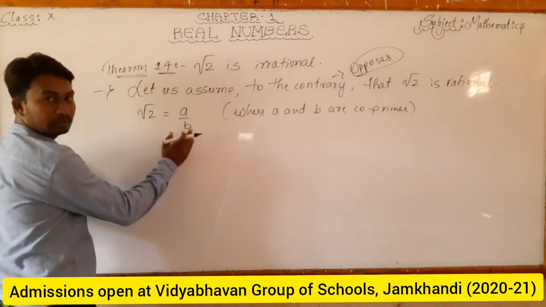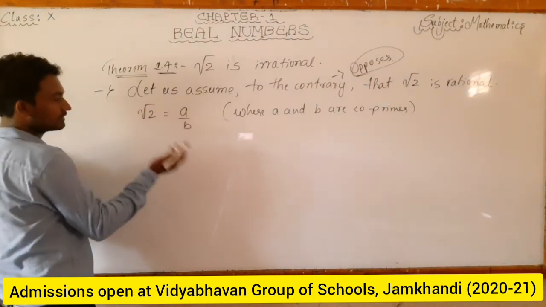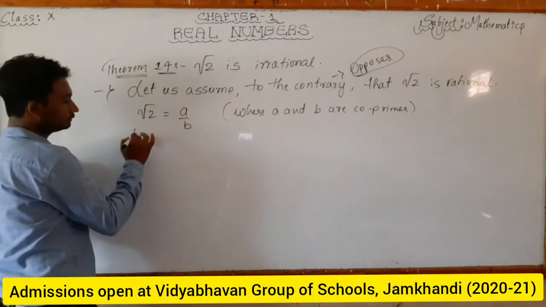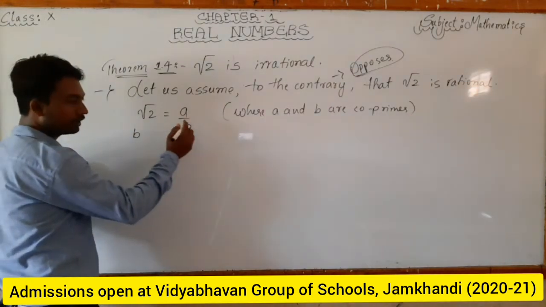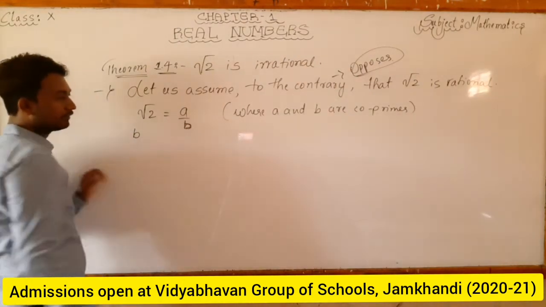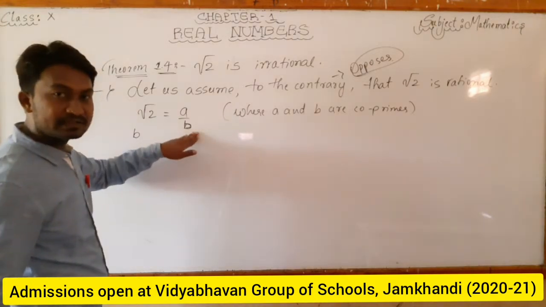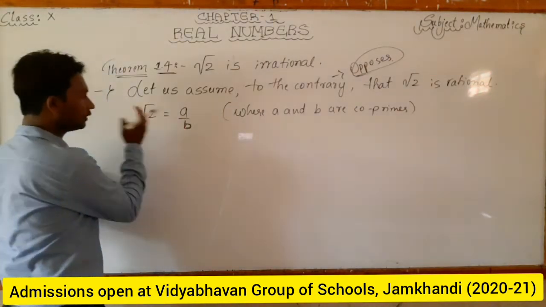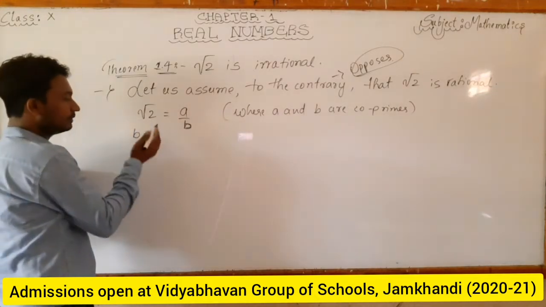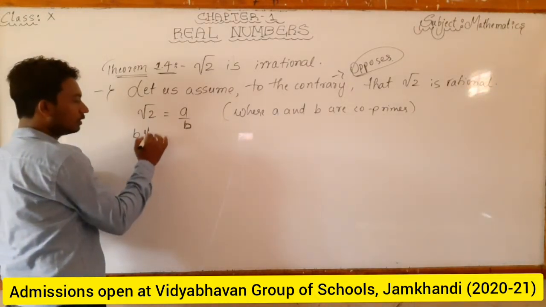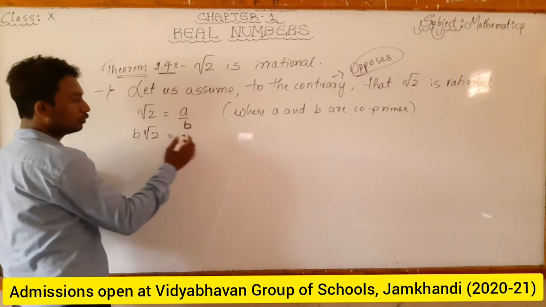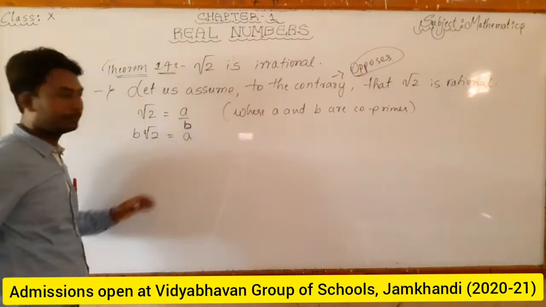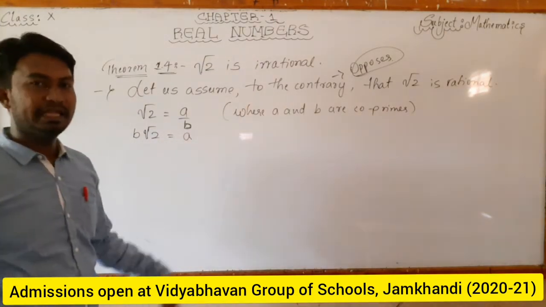I will take b from the right hand side to the left hand side. On the right hand side it is in the form of division, so on the left hand side it becomes multiplication: b into root 2 is equal to a.